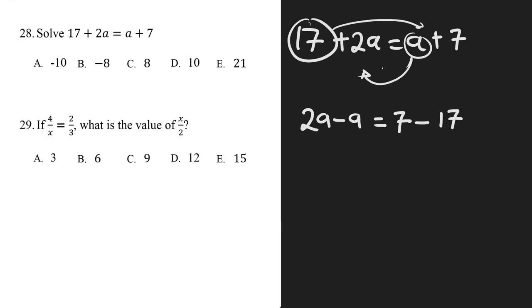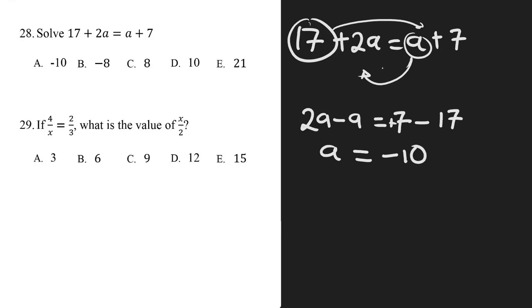So now 2a minus a is just like saying 2 fishes minus a fish, which gives you a fish. So 2a minus a, of course, is a. So a equals 7 minus 17. If you use your number line, you're going to get minus 10 as the answer, right?